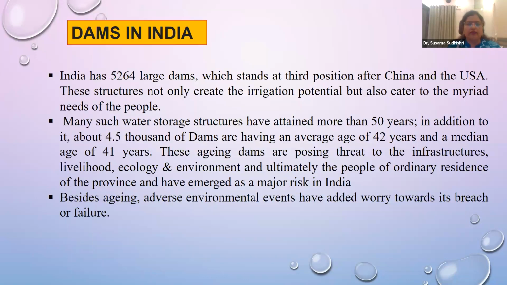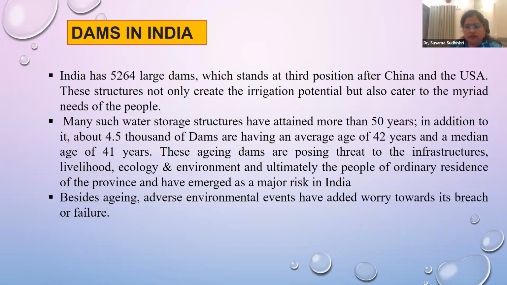But if we come to India, there are 5,264 large dams, which stands in the third position after China and the USA. This structure not only creates the irrigation potential, but also caters to human needs in whatever way, and also power generation.